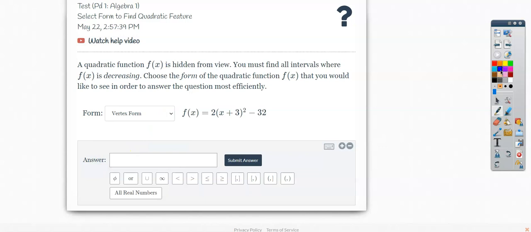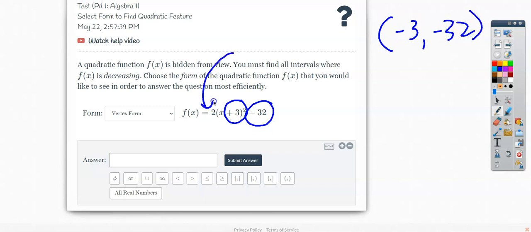Remember, the vertex form is the opposite of this number, the same as that number. So negative 3, negative 32. And this number out here tells me whether it's concave up or concave down. That's positive, so it is concave up. And the vertex is down here, negative 3, negative 32.